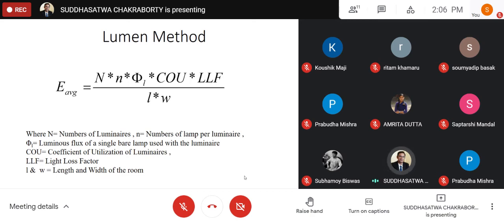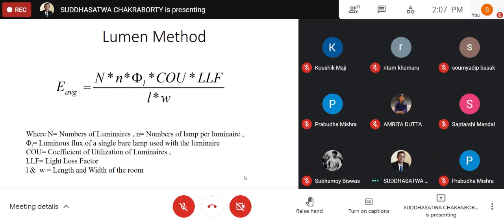So here in this case, phi L is the luminous flux of a single bare lamp used in the luminaire. COU is the coefficient of utilization. Light loss factor is the depreciation of light because of different reasons. That light loss factor we need to calculate separately, because it will help us identify how much light has got lost because of some issues.